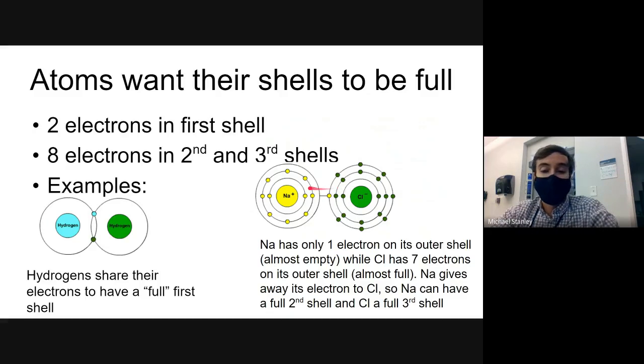A lot of times they react together in order to make the compound sodium chloride, which you guys all probably know more as table salt. So table salt is a very stable, obviously very steady compound, but it's built from these highly reactive elements coming together and going through a chemical reaction in order to create a more stable compound.